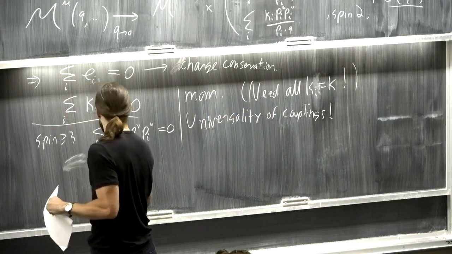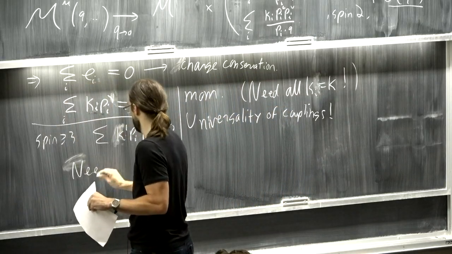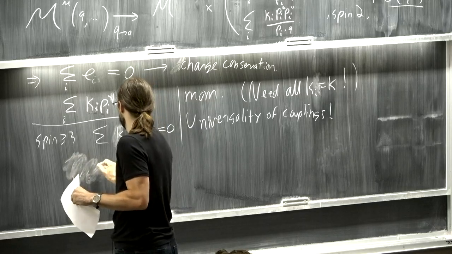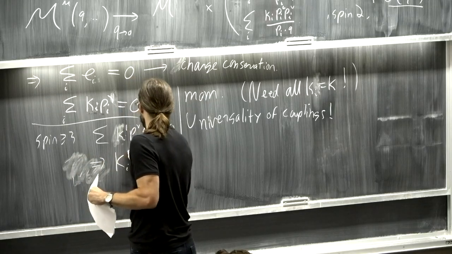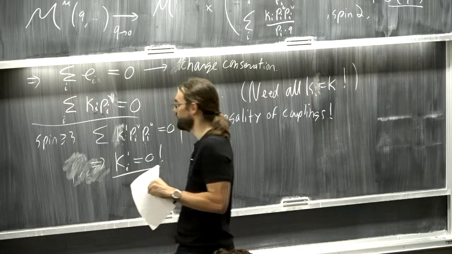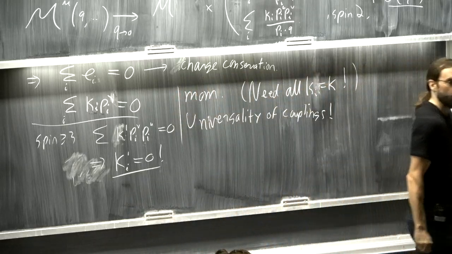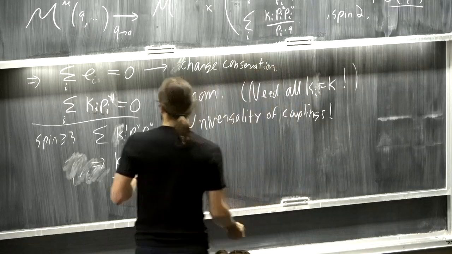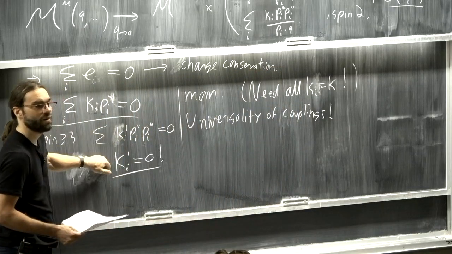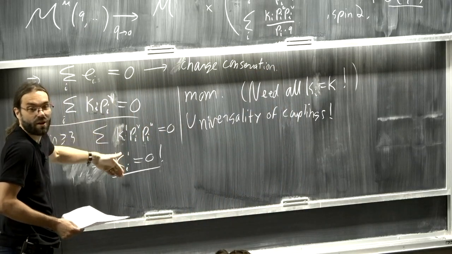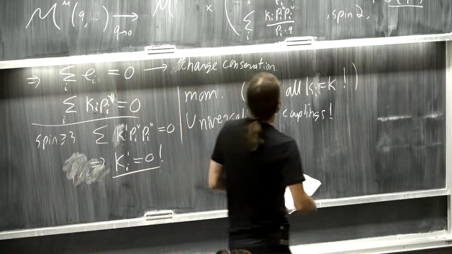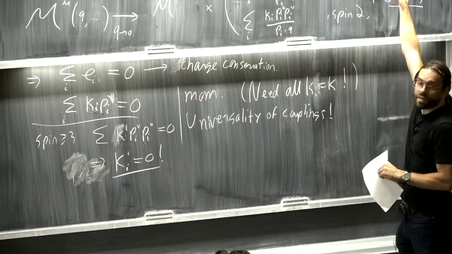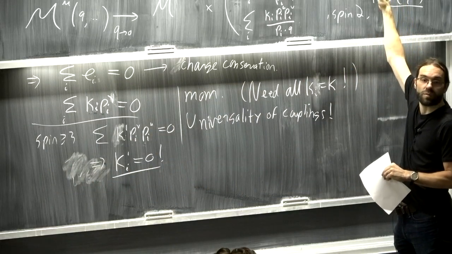So that implies kappa I prime equals 0. What this shows is that if you have a higher spin massless particle, it cannot interact with matter. Or at least, more precisely, it cannot interact at this leading term in the small q expansion.